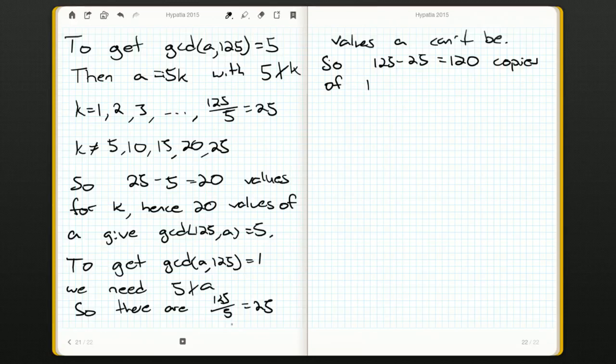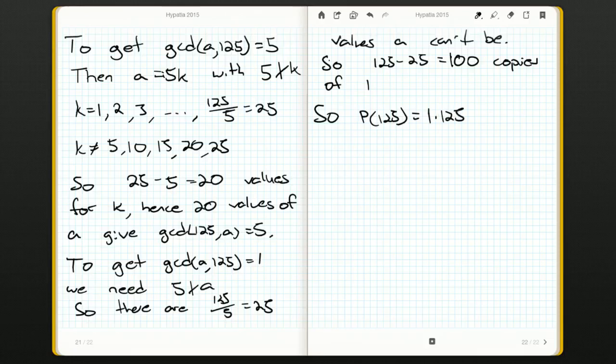How many multiples of 5 are there from 1 to 125? There's going to be 25 of them. And that gives us 100 copies of a GCD of 1. So that means P of 125 is going to be 1 times 125, plus 4 times 25, plus 20 copies of 5, plus 100 copies of 1.